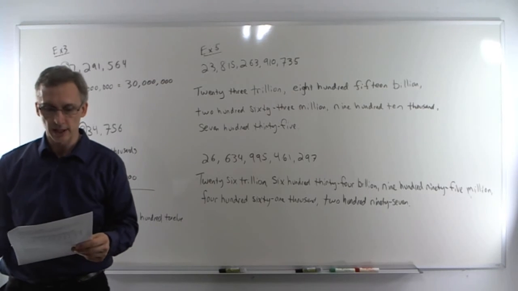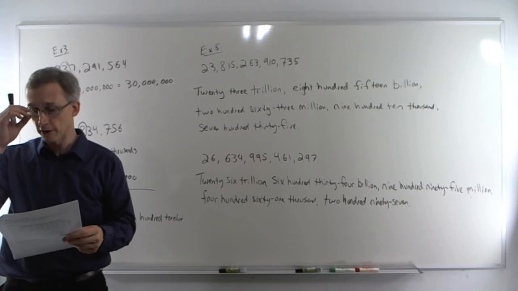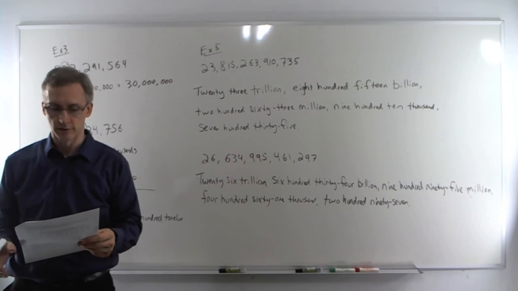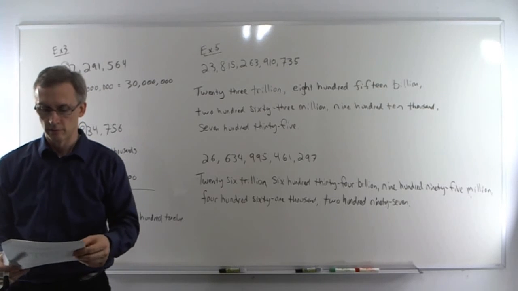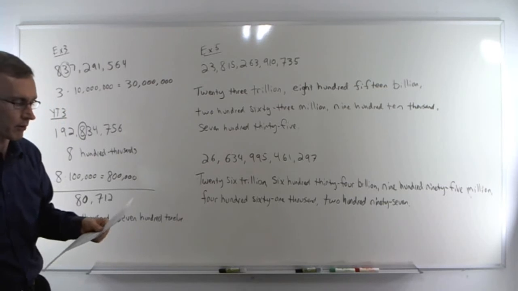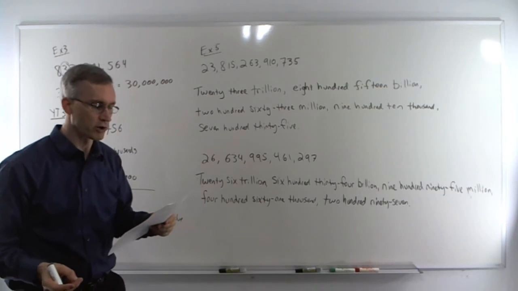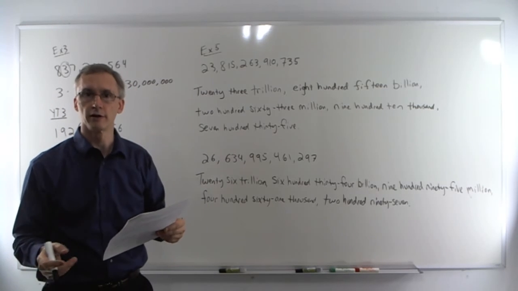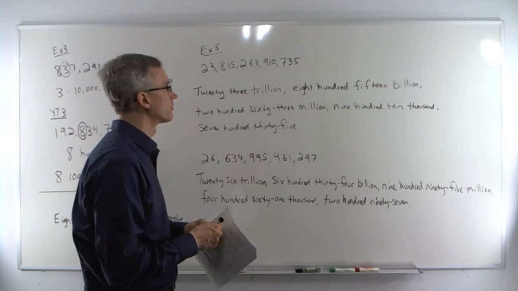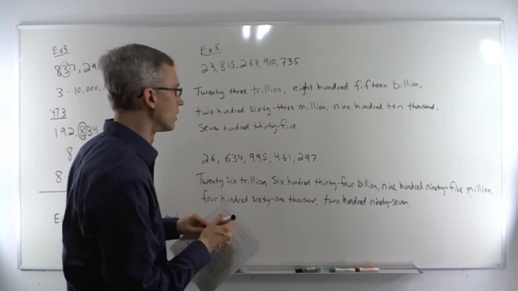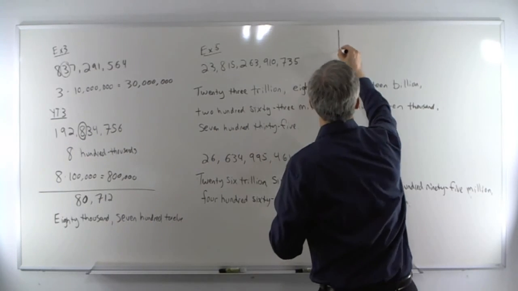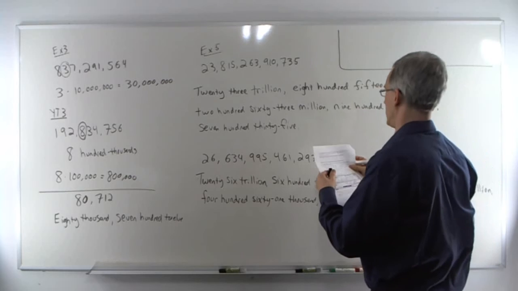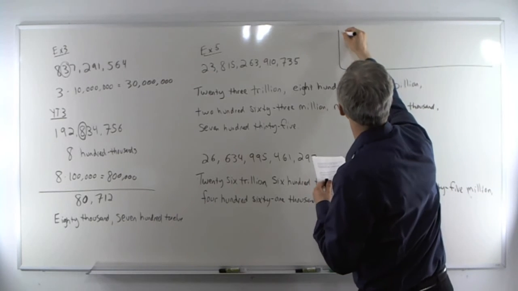All right, so example 6, given a word name, going to write the number in standard notation. So the word name I'm working with, I've got 423 trillion. So I'm just going to write down, I'm going to find some spot over here. And this is example 6.